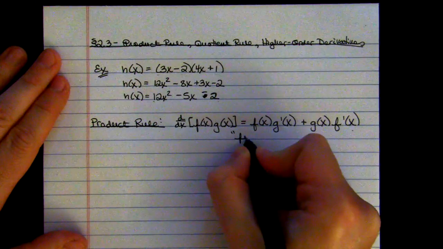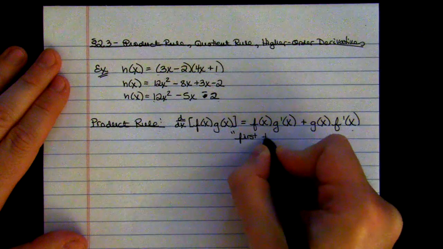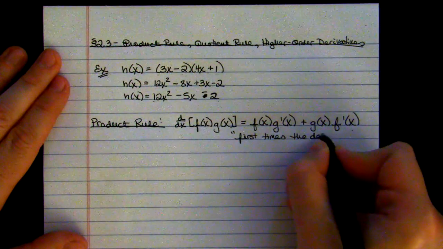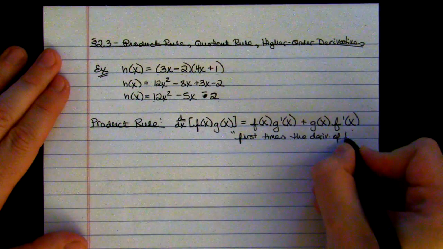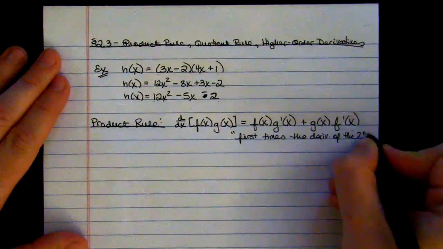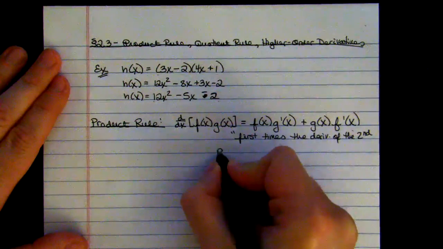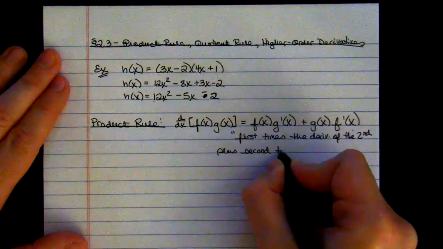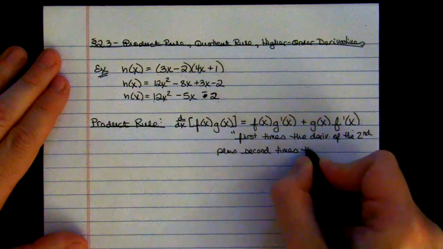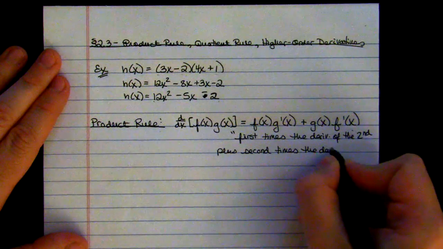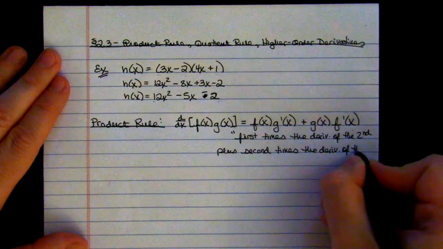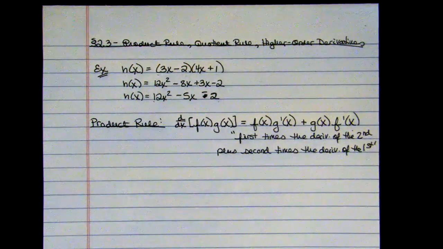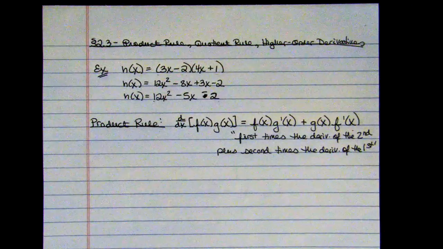My product rule is saying first times the derivative of the second plus the second times the derivative of the first. Again, I'll make the video pause for a moment so you can copy that down.